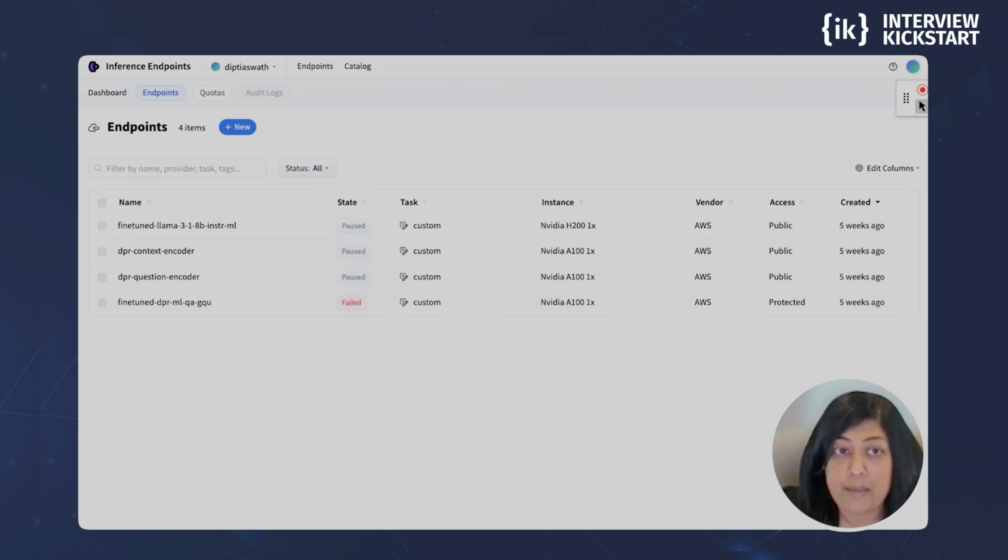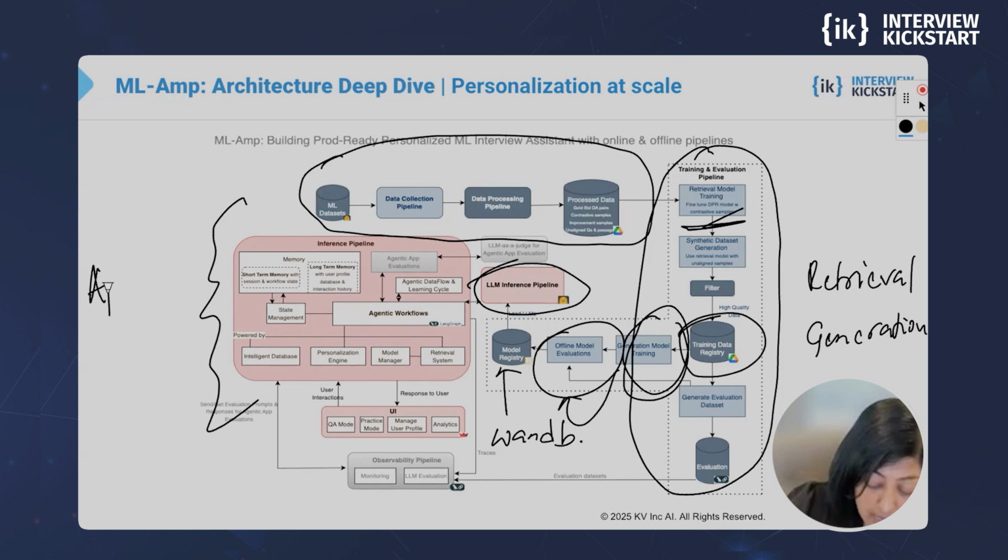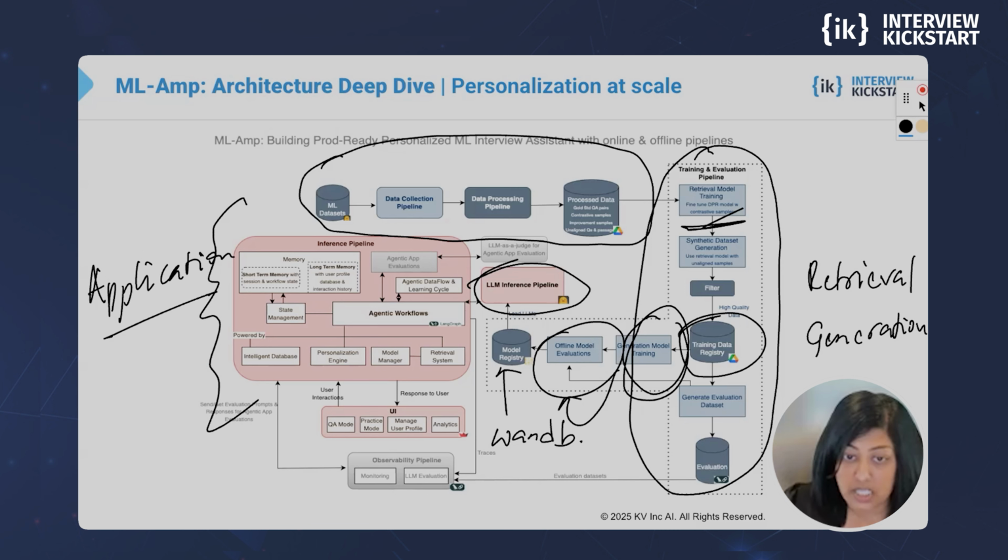All right, so pipeline. I spoke about the architecture, the training pipeline, and the models that form my LLM inference pipeline. Now, this is my application layer. This segment in here is my application layer, which I'll be demoing shortly to you.